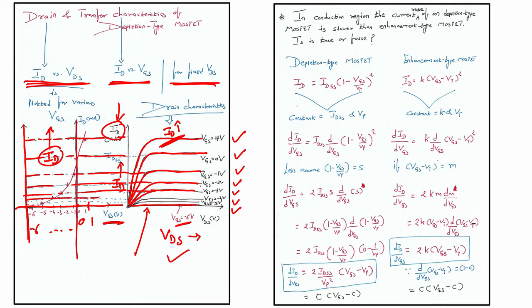Now we have to see what the value of current is for constant VDS.